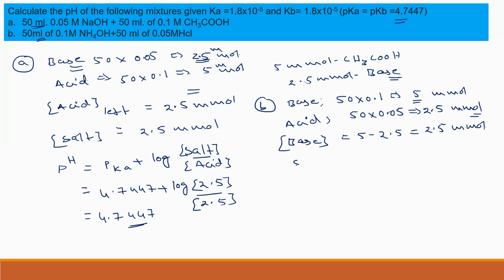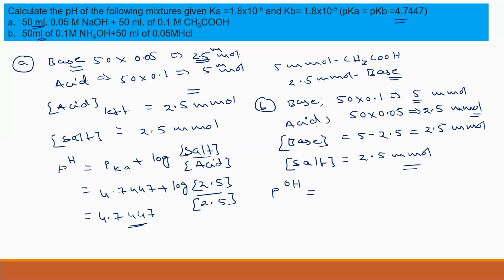And what is the concentration of salt? 2.5 mole of acid and 2.5 mole of base combine to form 2.5 mole of salt. Then what is the pOH for this one?